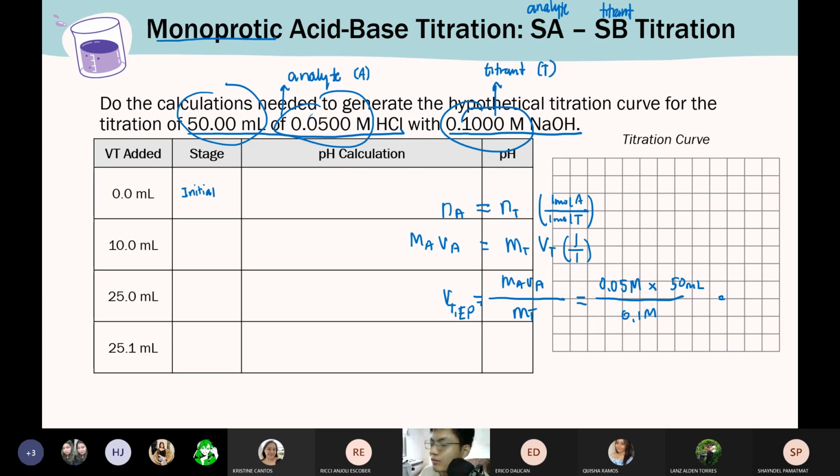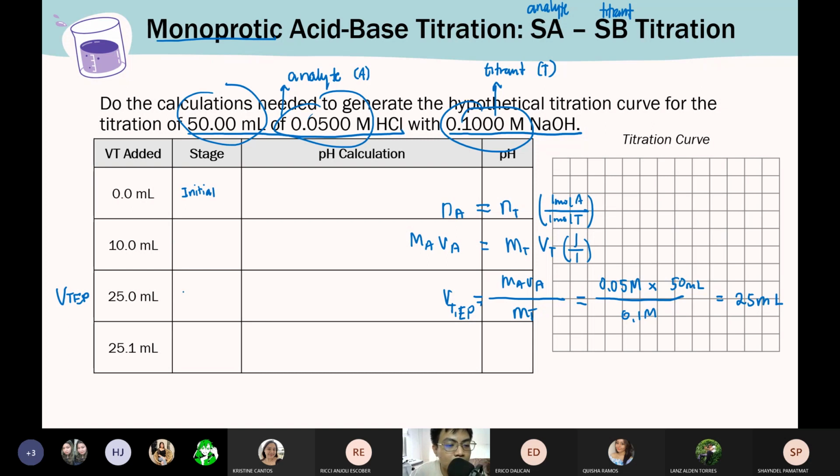The volume of titrant at equivalence point is how much? 25. Okay. By the way, for the mL, don't convert to liters anymore. It is not needed. So, our VTEP is 25 mL. It is important to find VTEP. If you do not find VTEP, you will not know what stage it is.